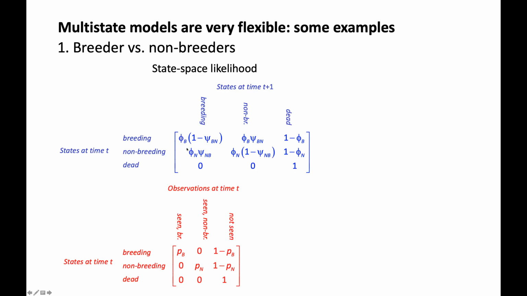So you test whether the survival of breeder individuals is lower than the survival of non-breeder individuals. You might want to compare this model with a model where the survival between breeder and non-breeder individuals is the same, so you have one single parameter for the survival, and see whether this model is better than the model where you distinguish two probabilities.